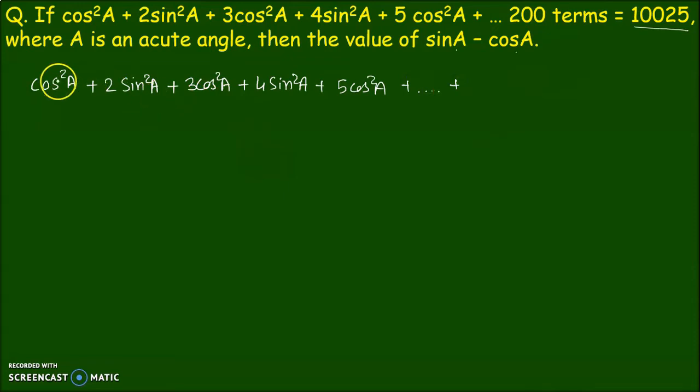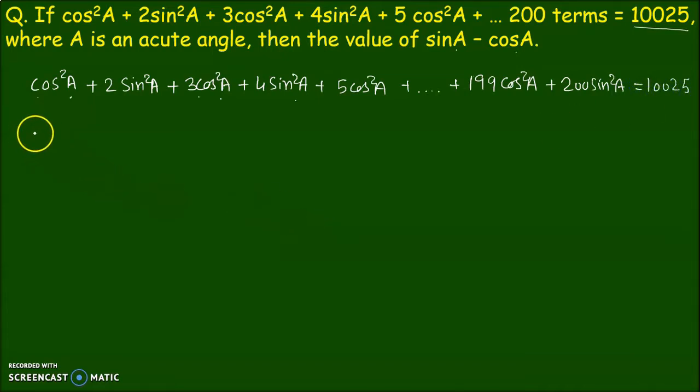If you observe, the first term is cos square A, the third term is 3 cos square A, the fifth term is 5 cos square A. So the 199th term will be 199 cos square A, and the 200th term will be 200 sin square A, since the second term is 2 sin square A, the fourth term is 4 sin square A, the sixth term is 6 sin square A, and so on. The sum is equal to 10,025.